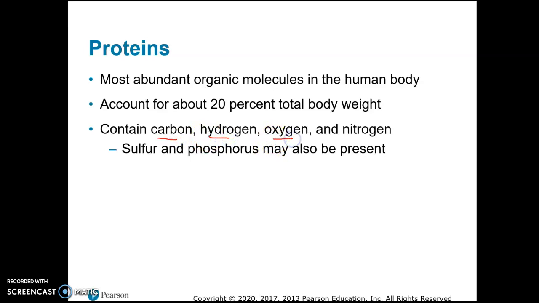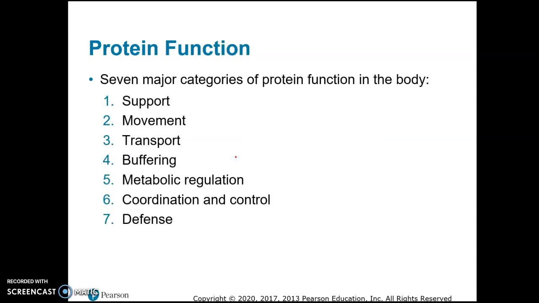But there's also going to be nitrogen, and sulfur and phosphorus may also be present. You may recognize all of these elements as the same 6 elements from the periodic table that you have to know the names and symbols of. They're all found in proteins.